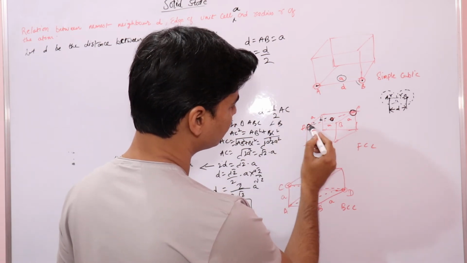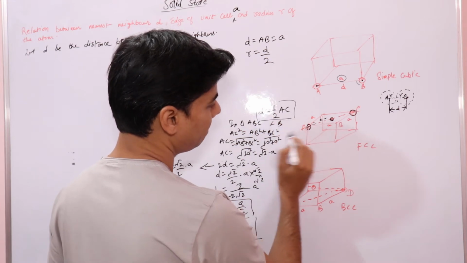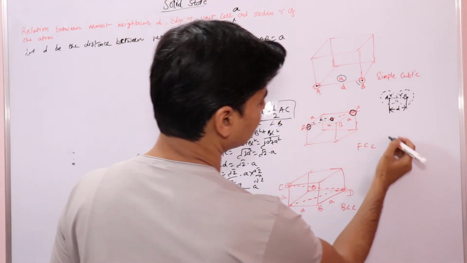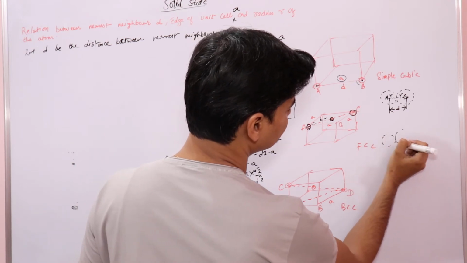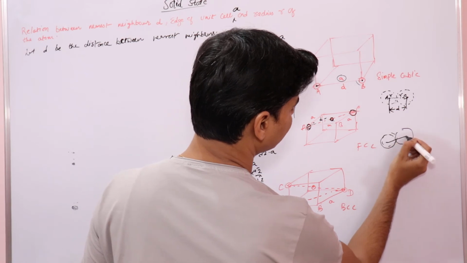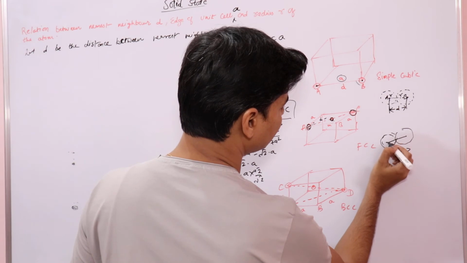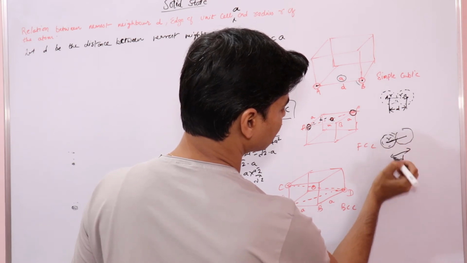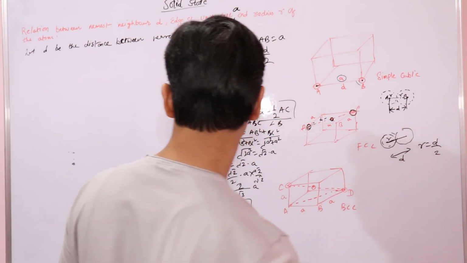So we know that D is equal to half of AC. This is one relation. This is what it looks like. This is your D, and the radius of this particle is R, so we write R is equal to D by 2, right?